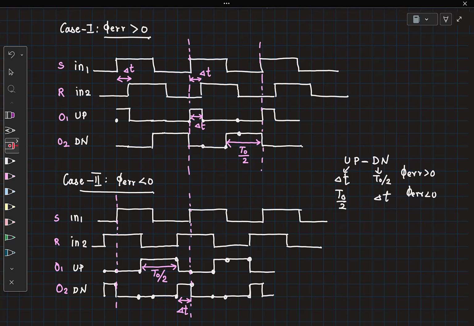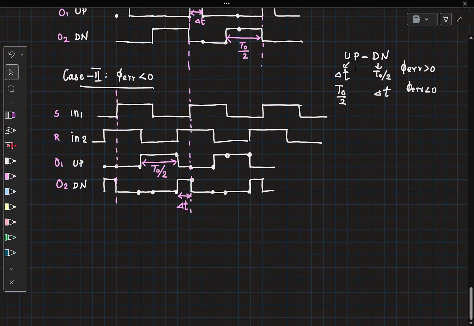So that way I can quickly determine whether the phase error is positive or negative. So the suggestion that you gave to use an XOR, why don't you try it and let me know in the next class whether it works. And if it is working, then the next question I would have is whether it is better than using XOR alone as a phase detector, because you can use XOR alone as a phase detector already. Now, if I use an SR latch followed by an XOR, is something better in the performance compared to the earlier case?